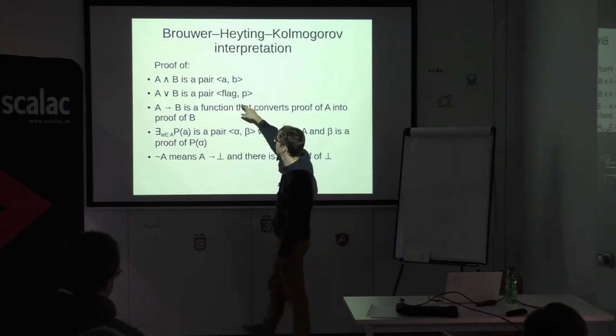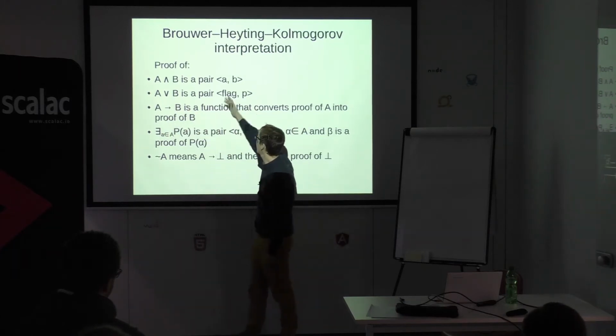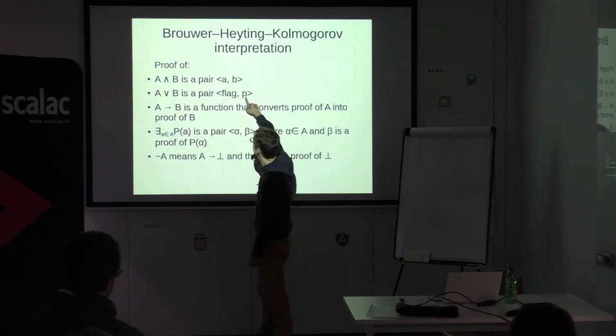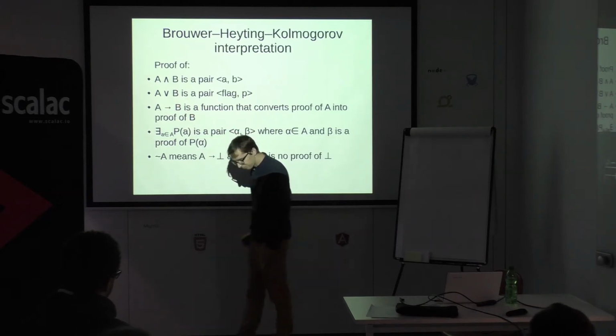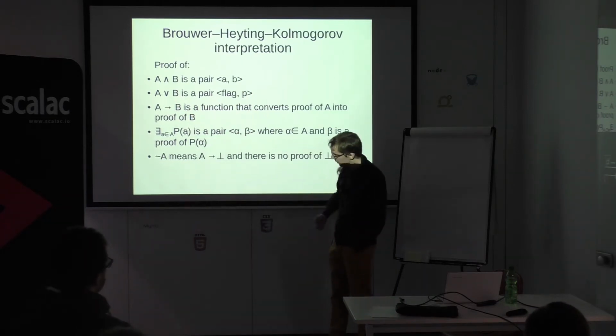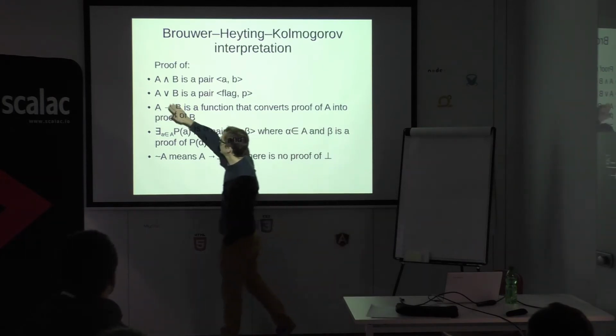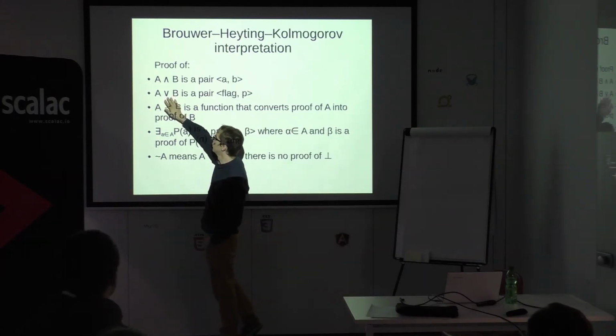It's either 0 if you're proving A, or 1 if you're proving B. And the second element is the actual proof of A or B respectively. This way you don't have the problem with excluded middle. If you have a proof of an alternative, you always have a proof of either the left side or the right side.